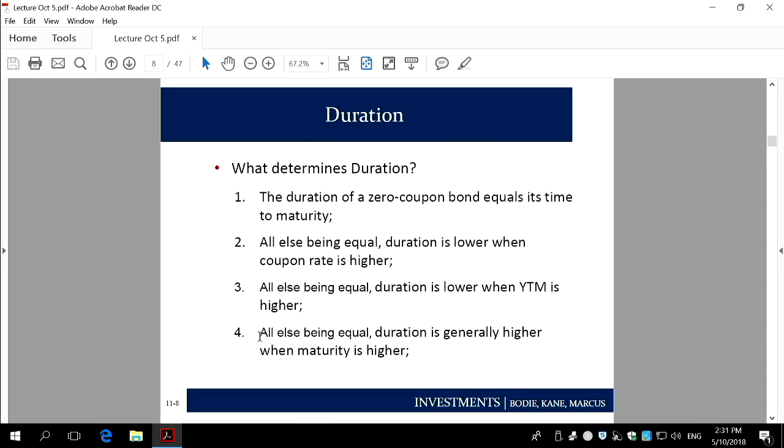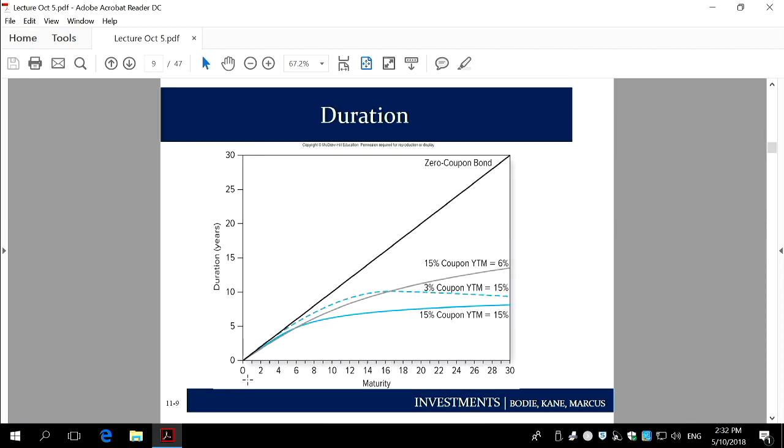The final sentence is, all else being equal, duration is generally, remember the keyword is generally, not 100% necessarily, higher when the maturity is higher. So typically this is an increasing curve. When your maturity gets longer, your duration gets higher. But there is an exception.